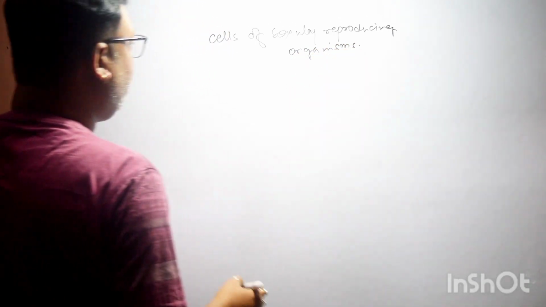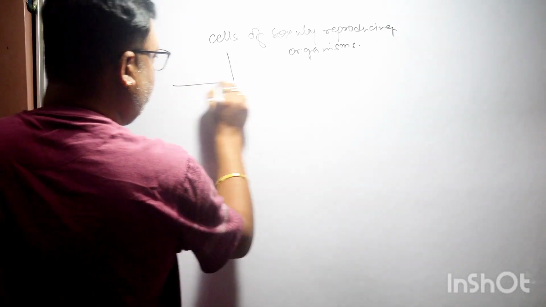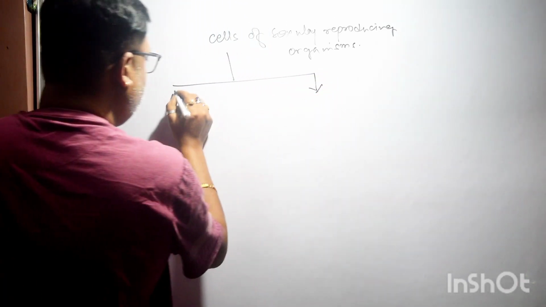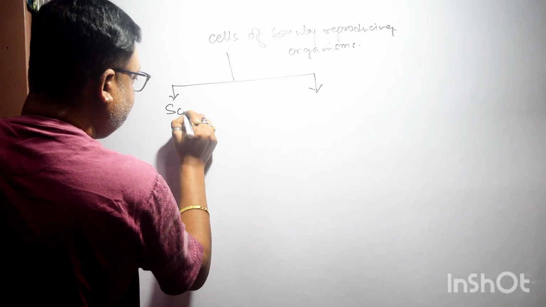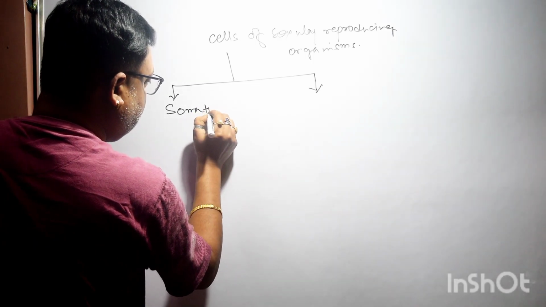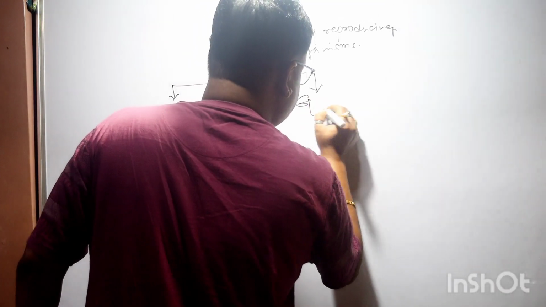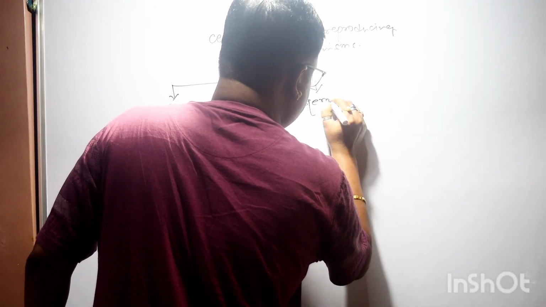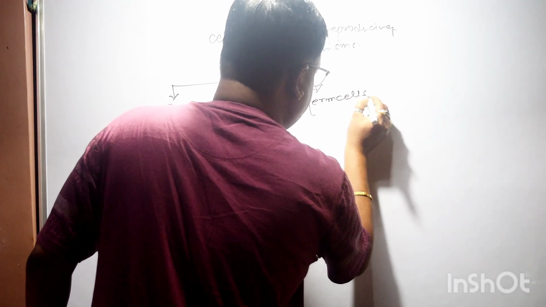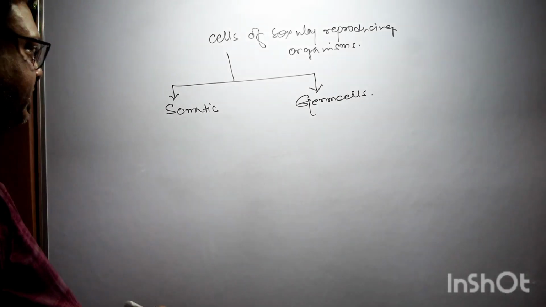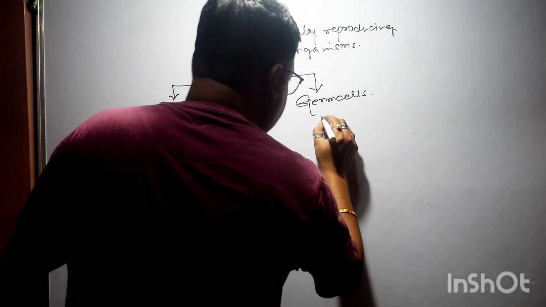We can broadly divide them into two categories. One is somatic cells, another one is gametes or germ cells. Germ cells are of two types.